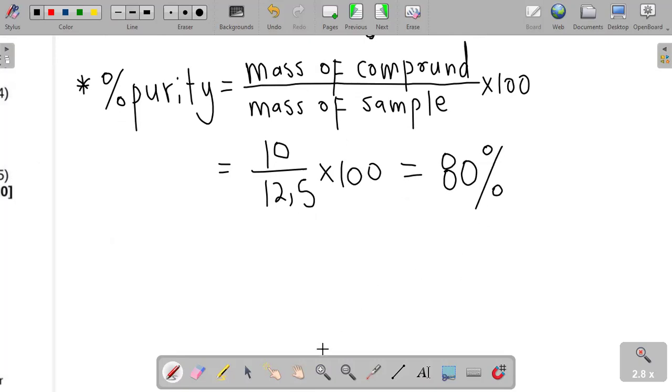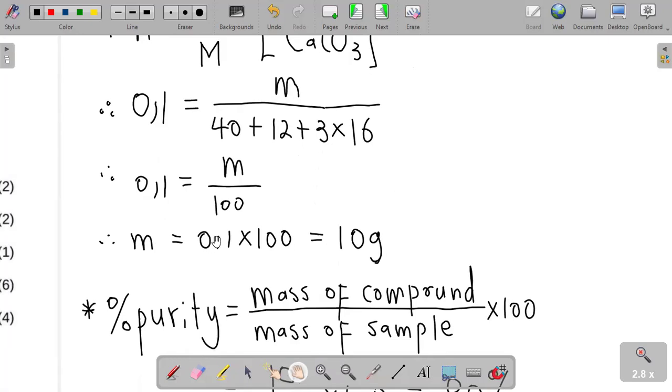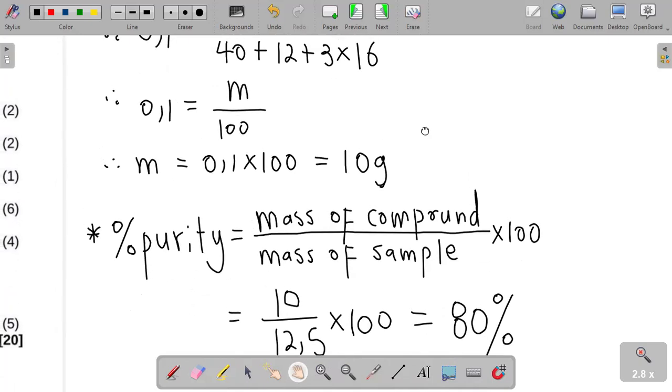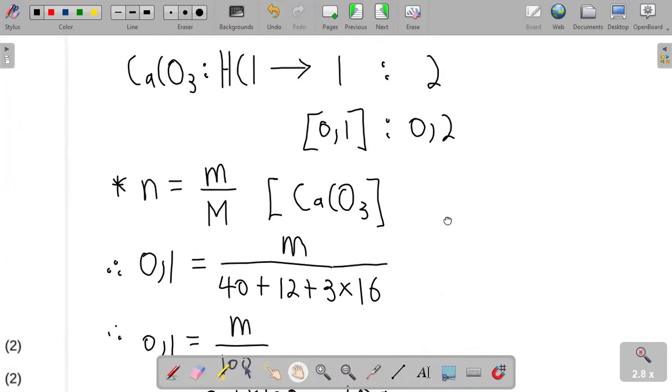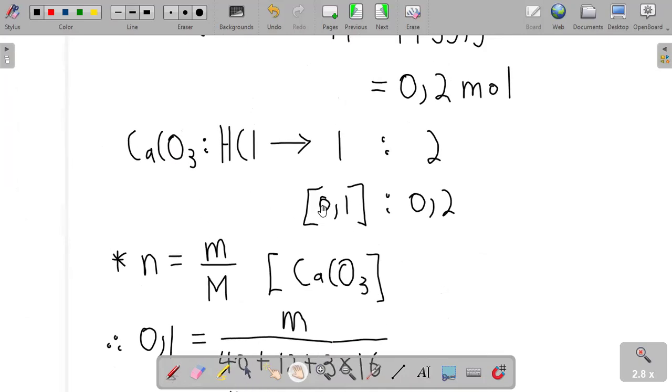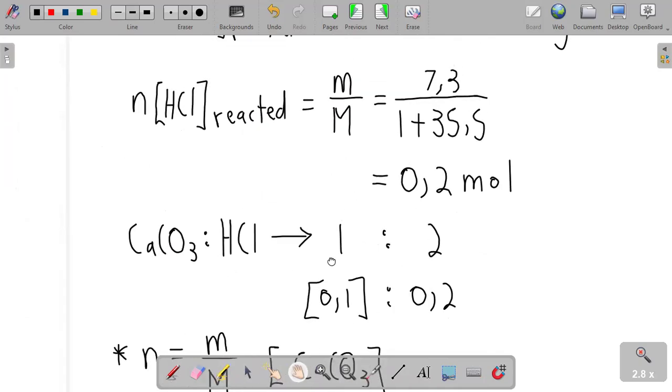So you see that all this process, we're doing it so that we can find the mass of the compound. Mass of the sample, we have it already. So for the mass of the compound, we have to find the number of moles of the calcium carbonate, such that we can use that number of moles here to find the mass. But we couldn't find the number of moles before we had the number of moles of the HCl.